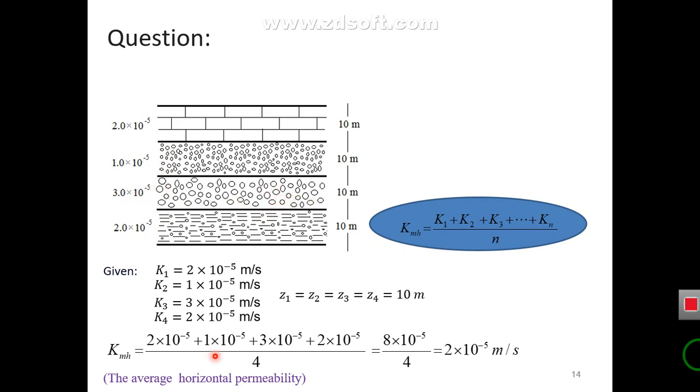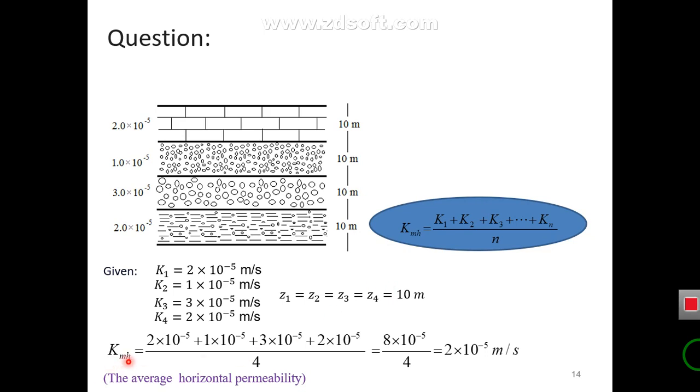The aim is to obtain the average horizontal permeability for the set of layers. We use this formula. Kmh is equal to k1 plus k2 plus k3 plus kn over n. We sum up the permeability of the layers and divide by the number of layers. The result will be the average horizontal permeability of the layers.